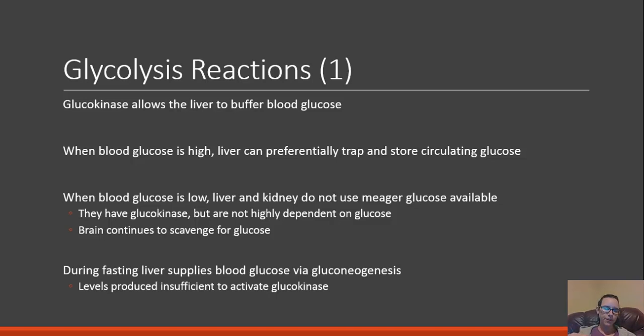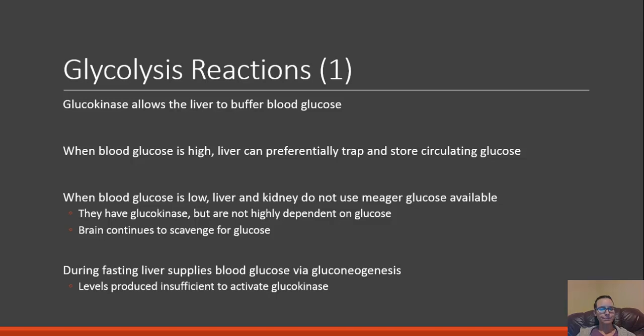We talked in a previous lecture about how glucokinase is really only activated when we have high blood glucose. Now, when blood glucose is low, such as after periods of fasting, the liver and the kidneys do not have activated glucokinase. So they don't use the meager glucose that's available.